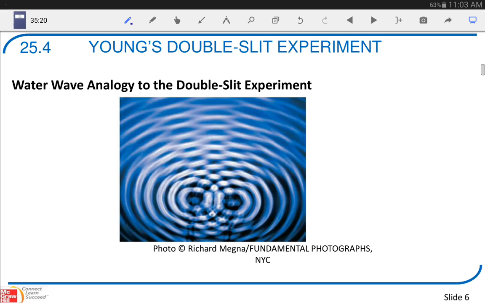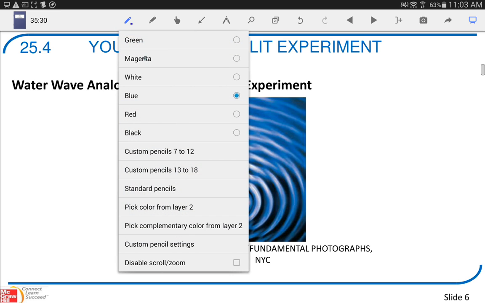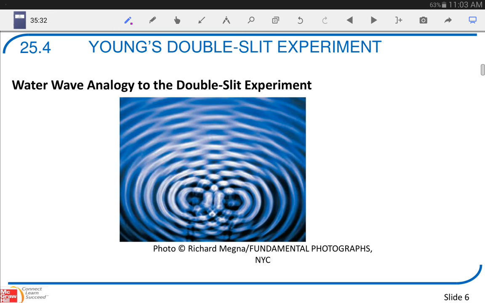Water gives us a good analogy. So here we have two places where something's just going like this to disturb the water and make waves. And if you look, you can see on this picture that in all these directions, we have nice constructive interference.